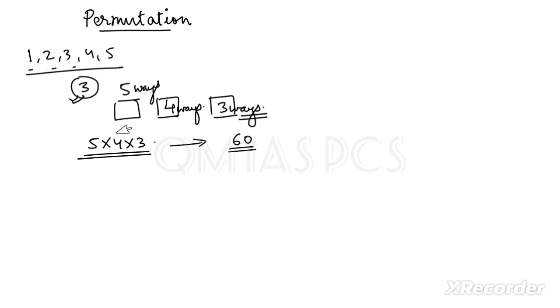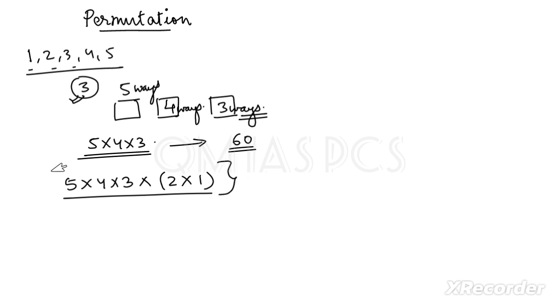So how to derive it? We have to derive it with the help of the factorial concept. If we see 5, 4, 3, and multiply by factorial 2 and 1, then the complete product will be factorial 5.